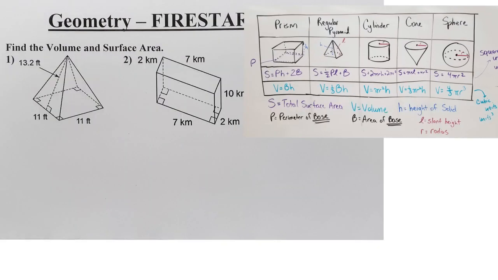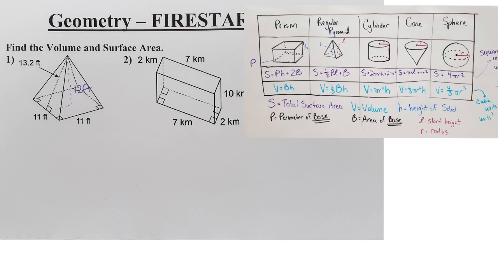All right, so find the volume and the surface area. Now we need to know the height here. I didn't actually give you the height, so we need to know that height. Now you could have found out the height using Pythagorean's theorem if you wanted to, but I told you guys in class that the height for this pyramid, now this is a square pyramid, so that means it's a regular shape on bottom.